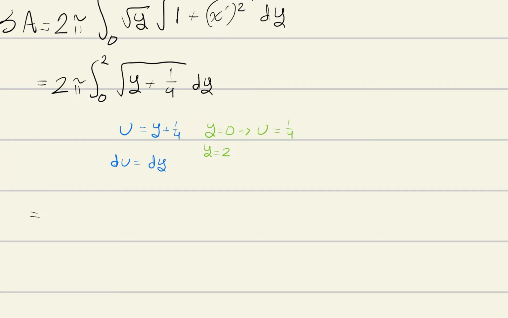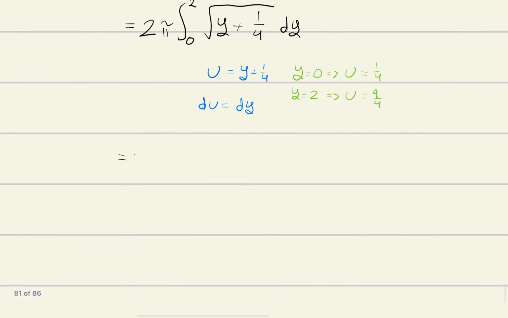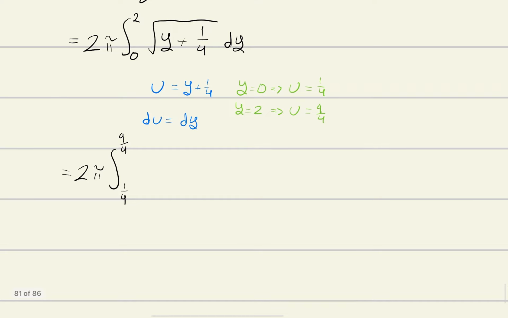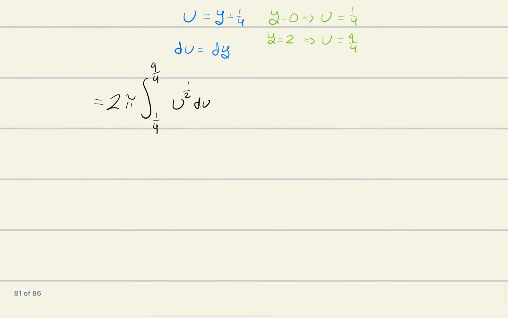And when we plug in 2, u would be equal to 2 plus 1/4, which is 9/4. So we'd have 2 pi times the integral from 1/4 to 9/4 of, we replaced y plus 1/4 with u, so u to the 1/2 du. And this is a very easy integral.